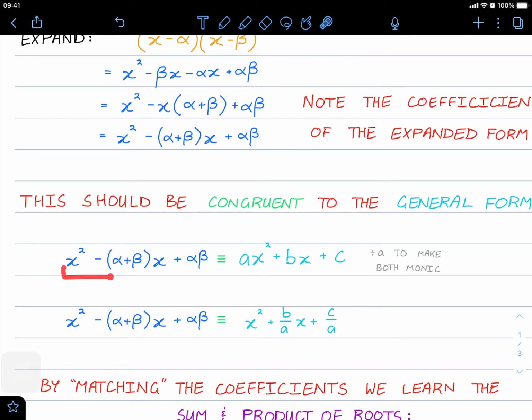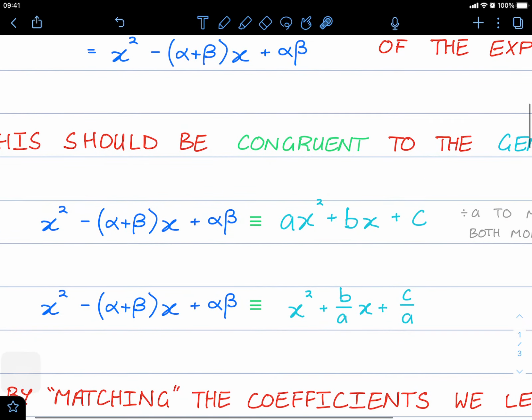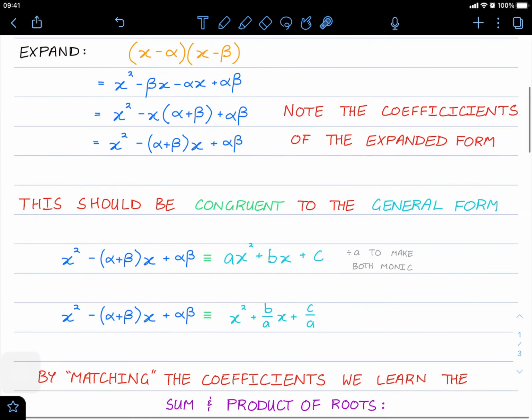We're saying that this expression that we've just found should be congruent to the general form. However, with the general form of a quadratic, it is not monic. So by dividing by a, we get b on a as the coefficient of x, and c on a as the constant term. By matching the coefficients now, we get what's known as the sum and product of roots.